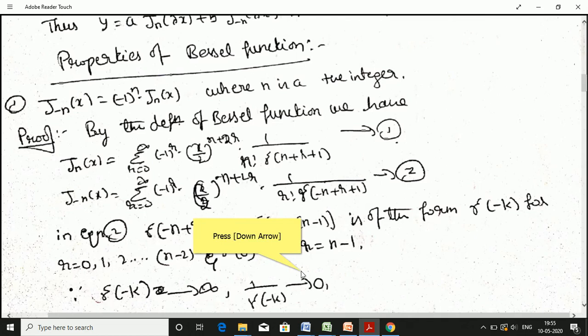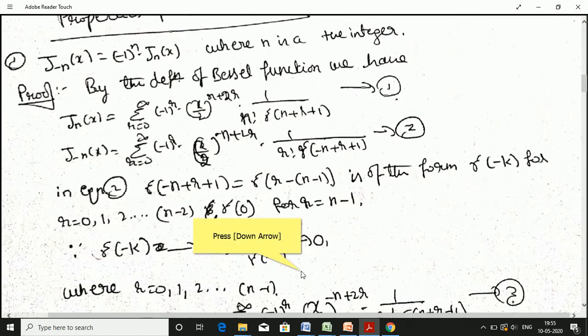Gamma of minus k tends to infinity. So 1 divided by gamma of minus k tends to 0. So this result, 1 divided by gamma of minus n plus r plus 1, is equal to 0 for r equal to 0 to n minus 1.